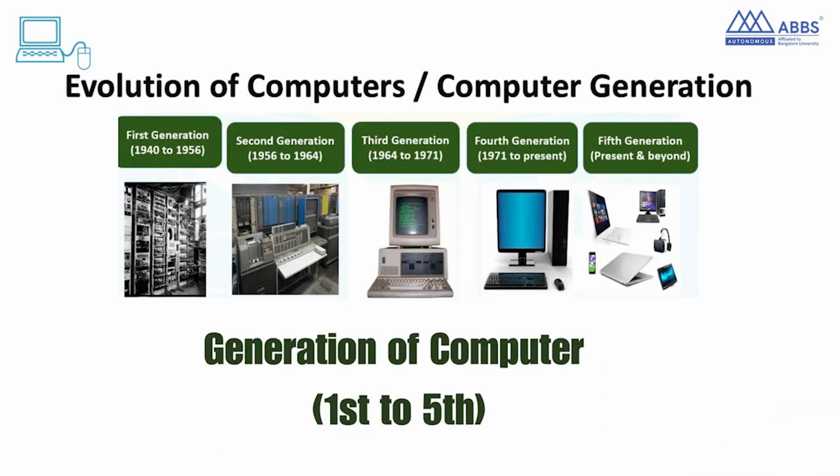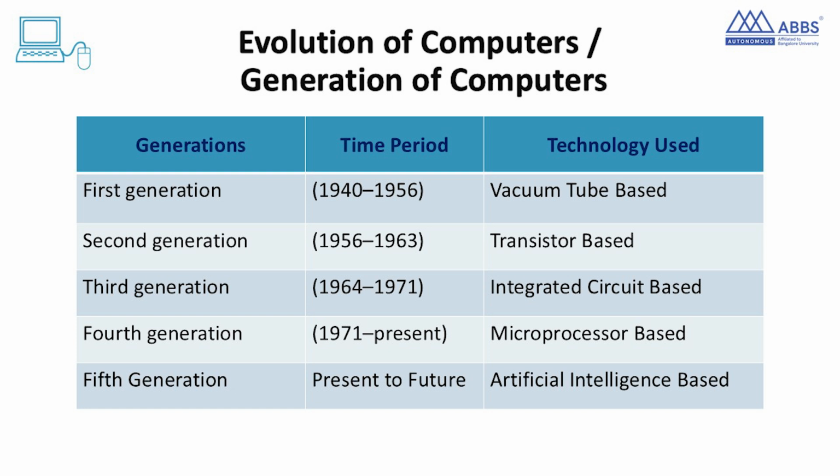Having understood about network, let us now try to explore how computers evolved, the generation of computers. It's quite interesting to know how it all started, what was developed and where we stand today. If you look at this particular slide, you understand we can classify the generation of computers into 5 generations.